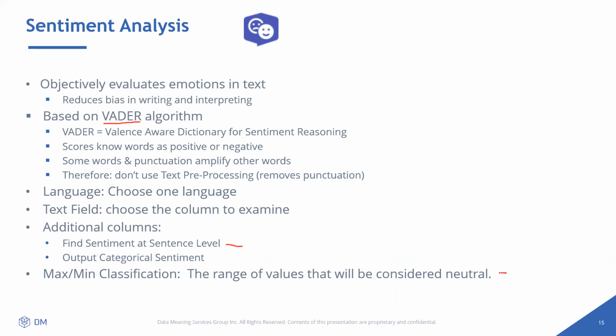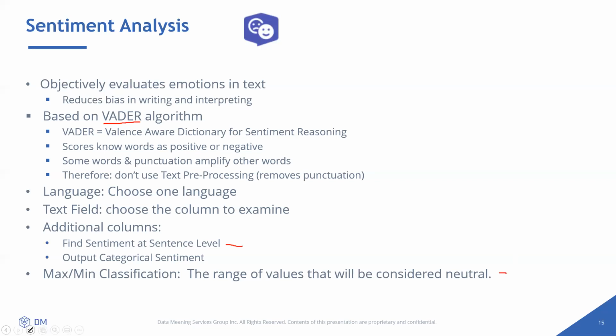So for different groups, do you need the sentiment to be 90% positive in order for it to be considered a positive sentiment, or do you want to be real generous and say if anything over 50% positive, it becomes a positive sentiment? You can change those values as well.